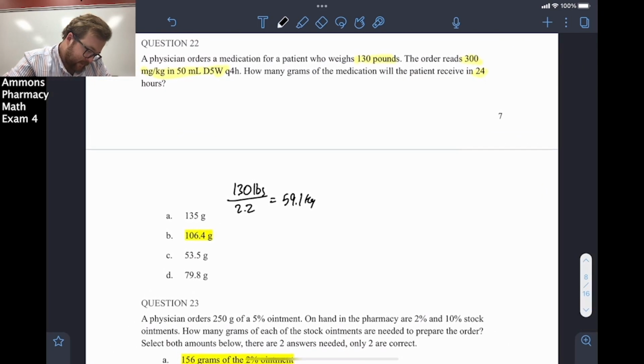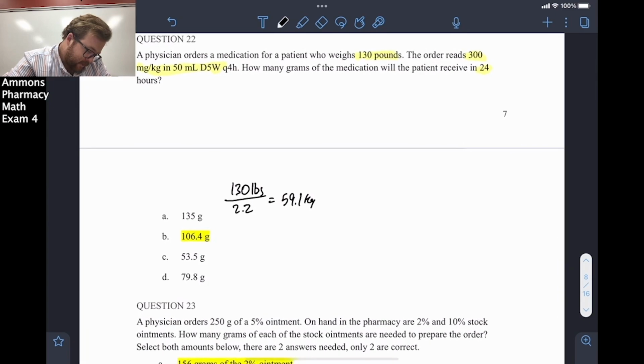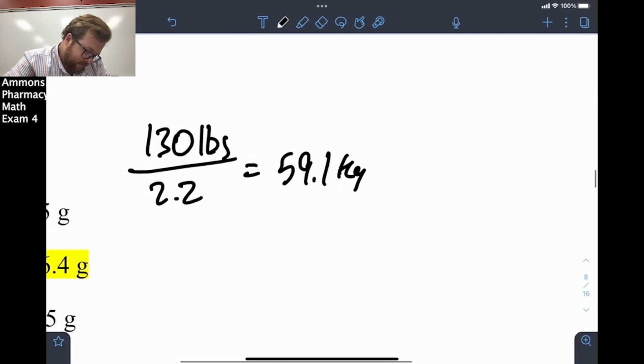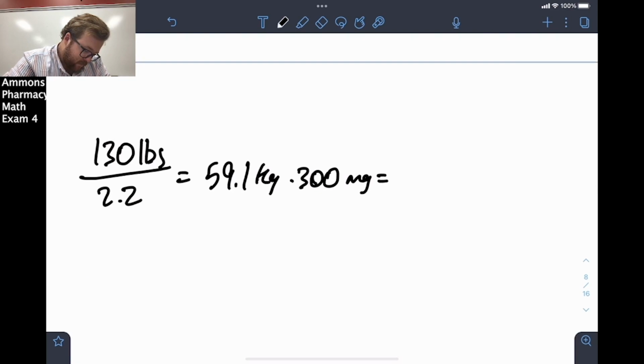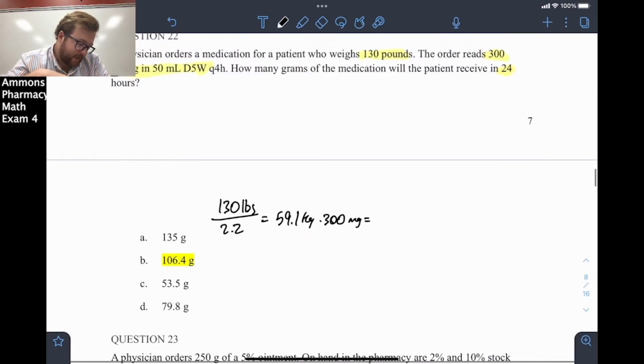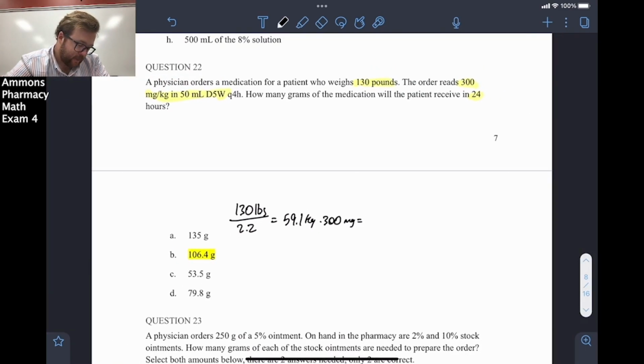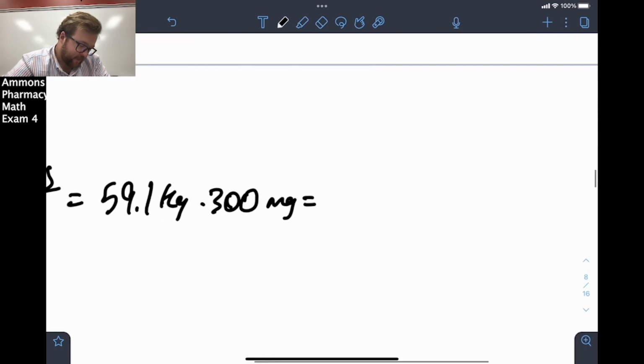He's getting 300 milligrams per kilogram. And remember, even though it says 300 milligrams per kilogram in 50 mils, we have to remember that we need to evaluate the drug, but then we can remember that it was in 50 mils. So he will get 300 for every kilo he weighs.